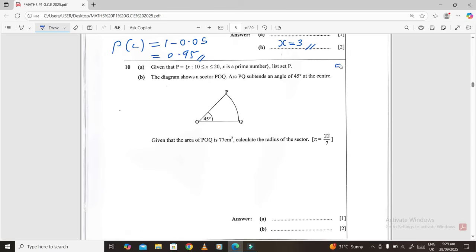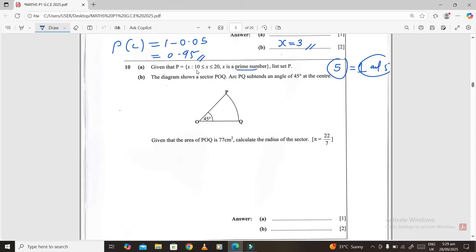For example, 5 is a prime number because there's only two numbers that can go into 5, that is 1 and itself, 5. So remember, in case you didn't know, prime numbers are numbers where only two numbers can go in, and those two numbers are 1 and that number itself.